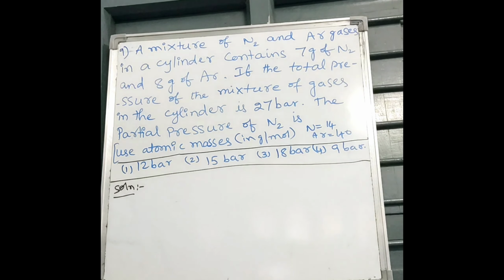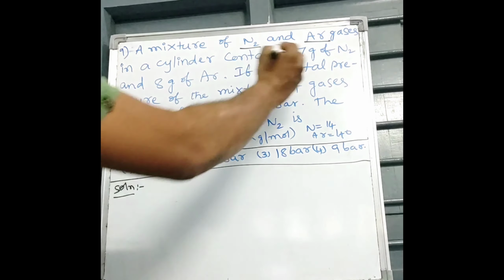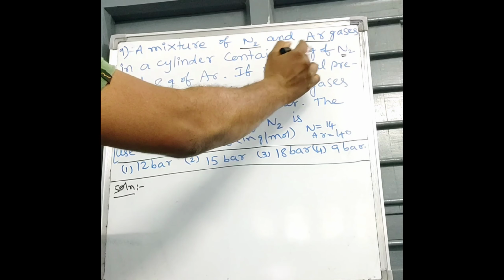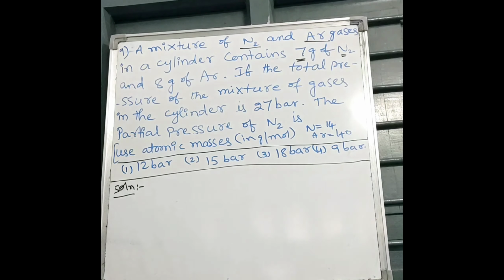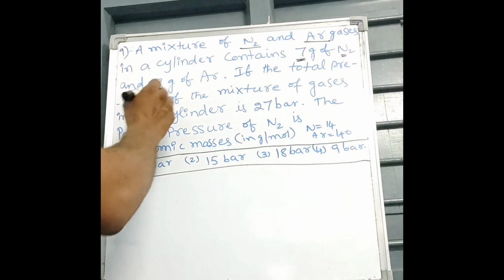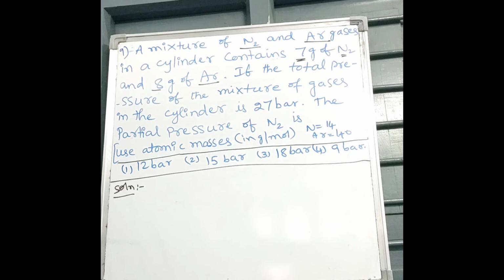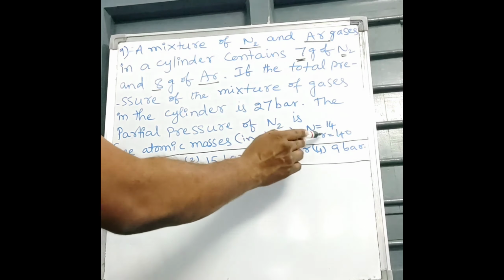Next question is from states of matter. A mixture of N2 and Ar gases. The two gases are involved in the reaction mixture, and a cylinder contains 7 grams of nitrogen. Weight of nitrogen is 7 grams. You know the molecular weight of nitrogen is 28. And 8 grams of argon. Weight of argon gas is 8 grams and molar mass is 40.